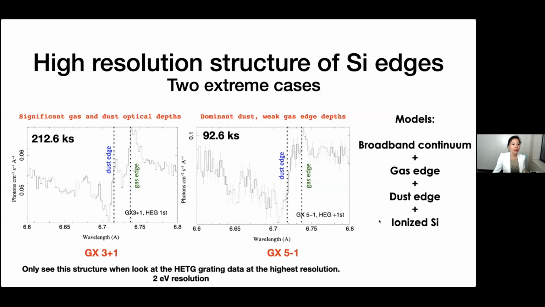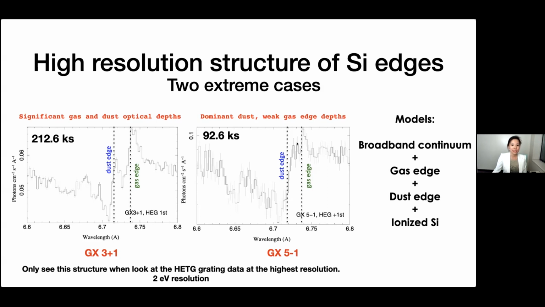We use Chandra HETG grating data. They are well calibrated, specifically designed to measure the silicon edge. With this highest resolution from Chandra, here are 2 examples in our survey. On the right, the spectrum shows GX 5-1 with 2.6 kiloseconds exposure time.